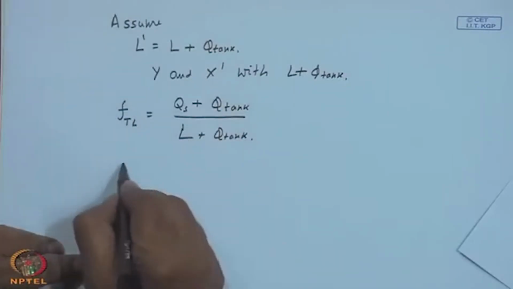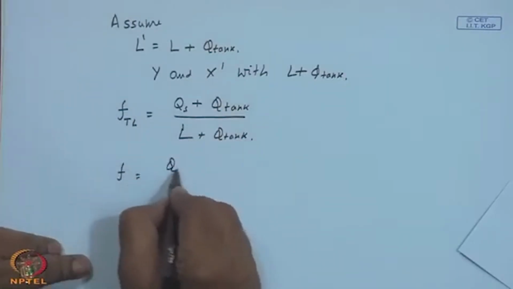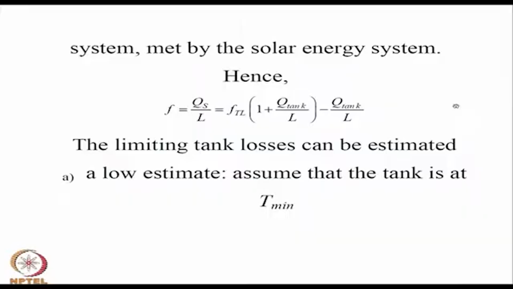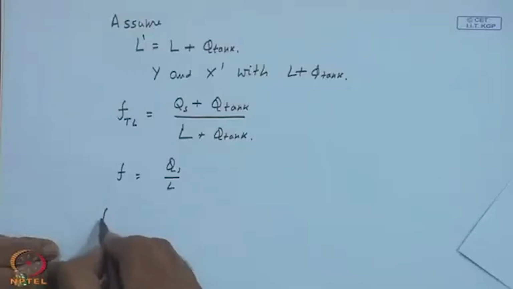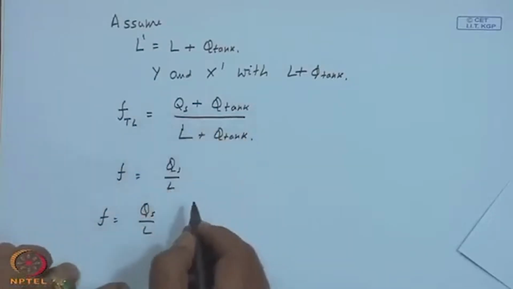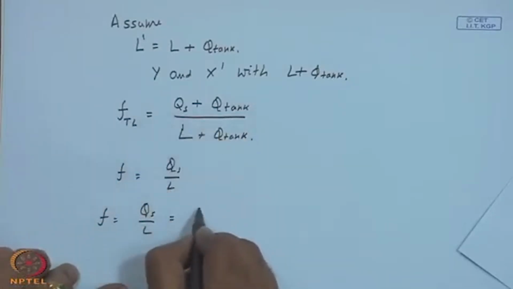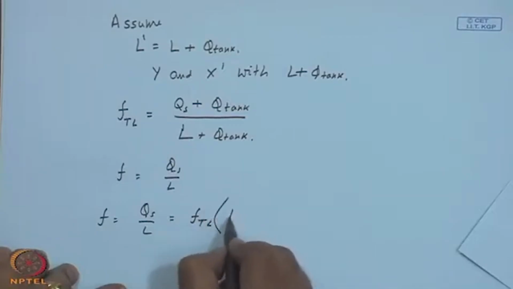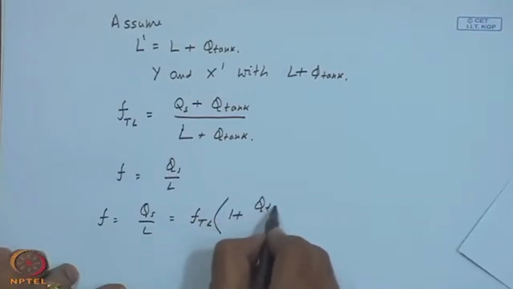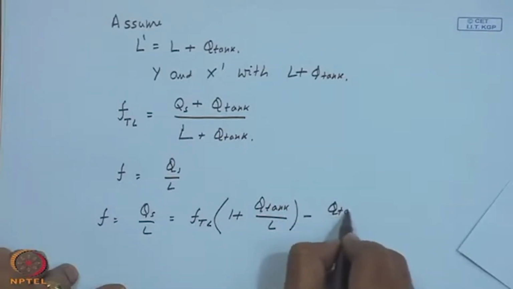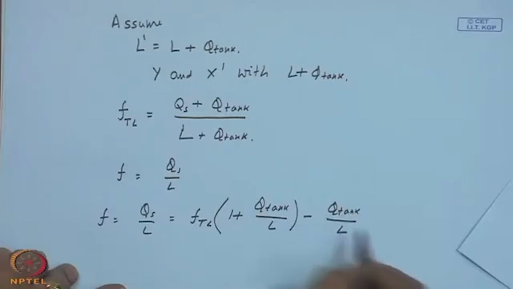But actually my F solar is Qs by L. So, from this I can find out F is equal to Qs by L, just divide throughout with L, that I will get as FTL times 1 plus Q tank by L minus Q tank by L, right.